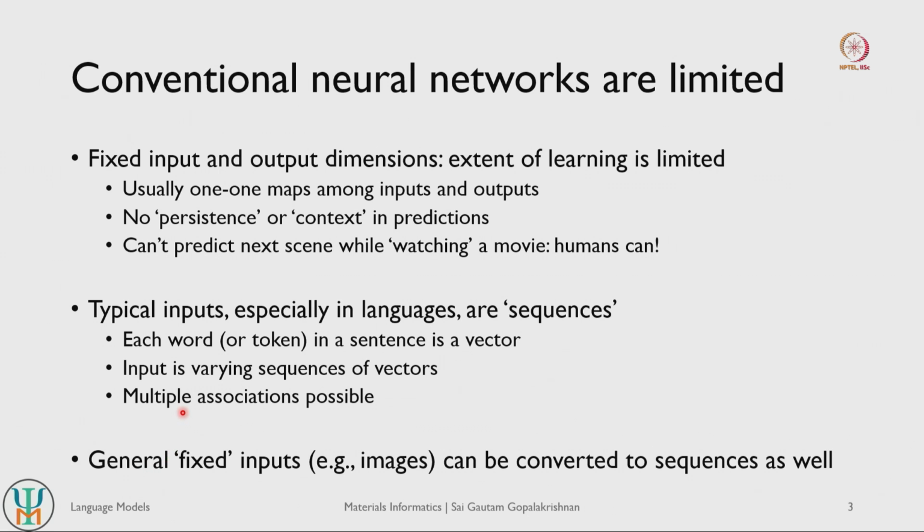And the other requirement of modeling languages is that each word can have multiple associations. So for example, if you look at the word king, right, king refers to a male person, king also refers to an authoritative person, and king is also associated with the throne that he wears, right.